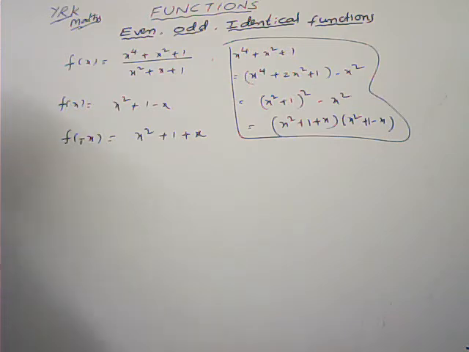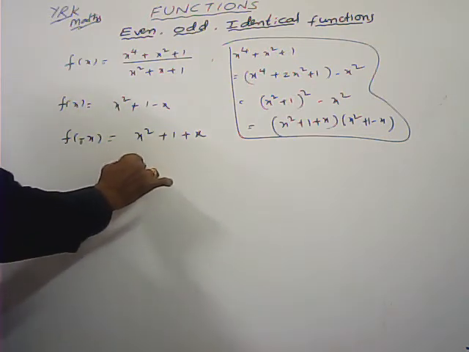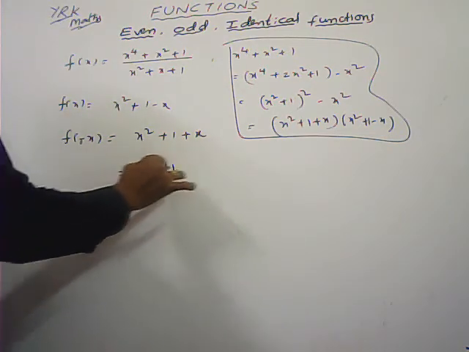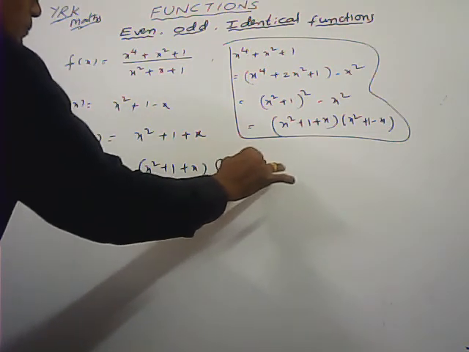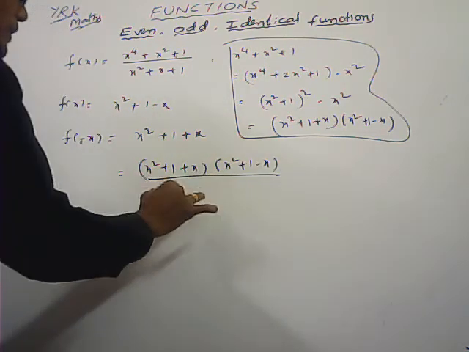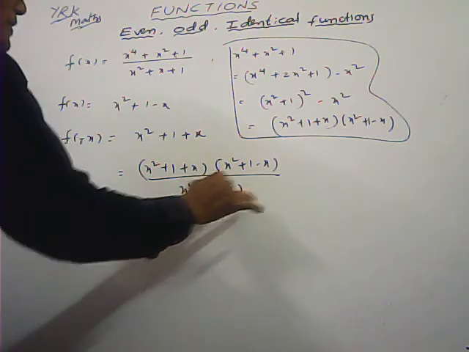Now here we can rationalize that one. Here x square plus 1 plus x into, rationalizing with x square plus 1 minus x, whole by x square plus 1 minus x.